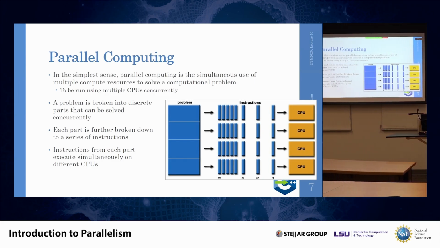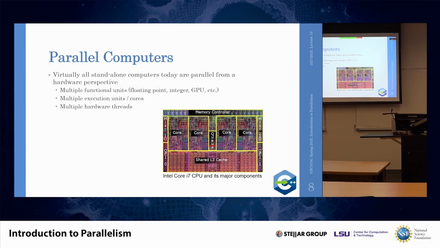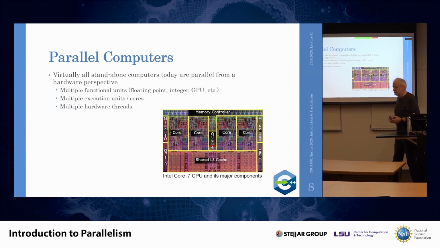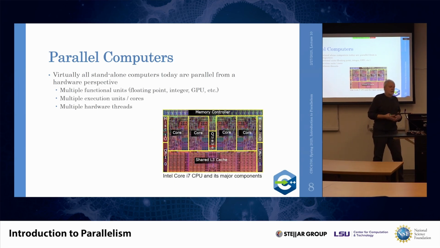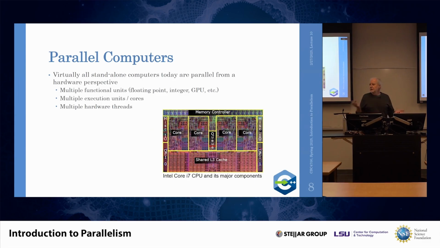Nothing too surprising there. If you look at what parallel computers look like today, you will see that essentially all the hardware we have available consists of a multitude of processing units. In the simplest case, your iPhone probably has, I don't know, 6 or 8 cores nowadays.